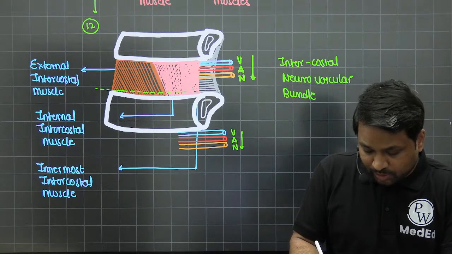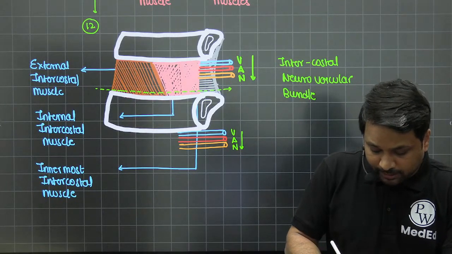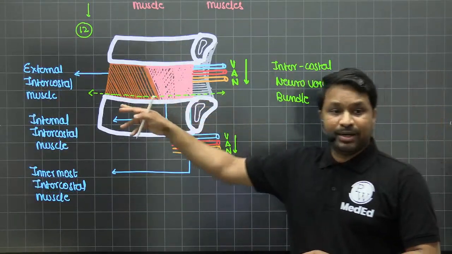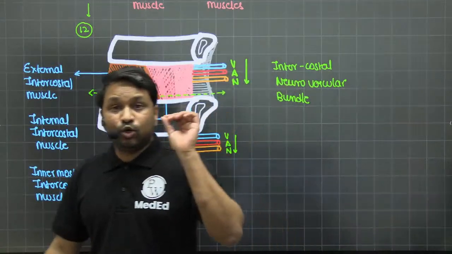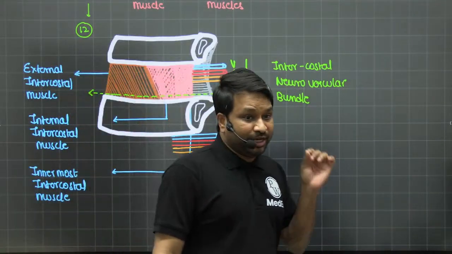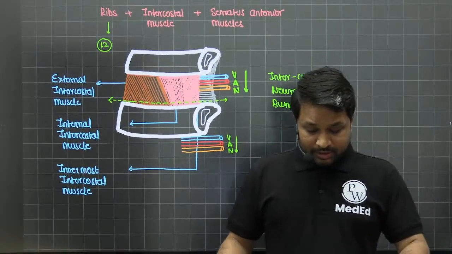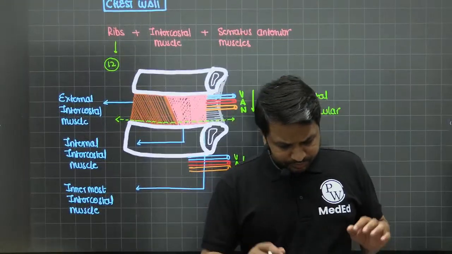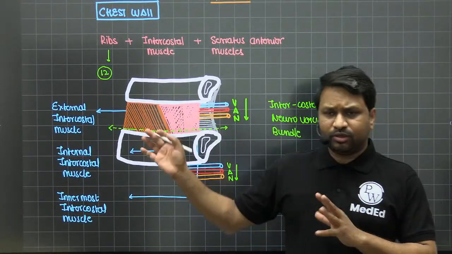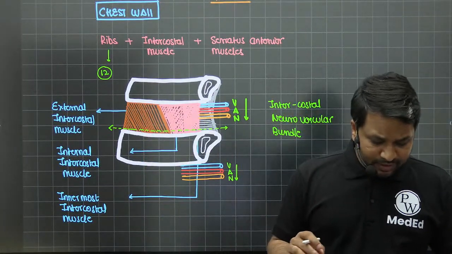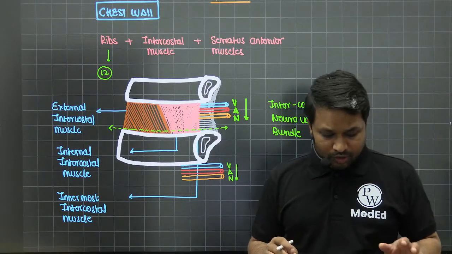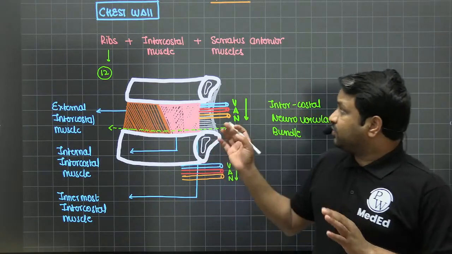I take the superior border of the rib as my guiding point, so that I do not cause any harm or injury with respect to vascular injuries. This is the first thing that you should know in the context of the intercostal muscles.